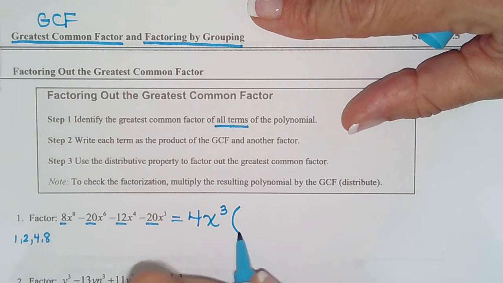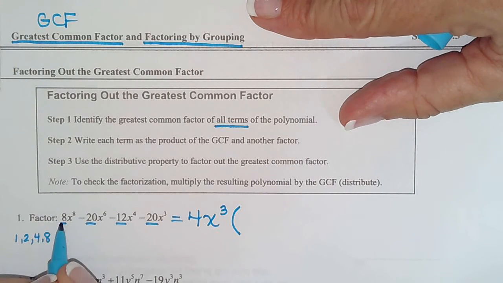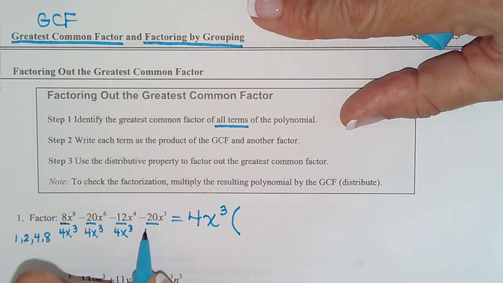So this is where, how many times have I said 4.1 comes into play? But this is it again. So really what you're doing is you're dividing each one of these terms by 4x cubed, so you can figure out what goes in parentheses.